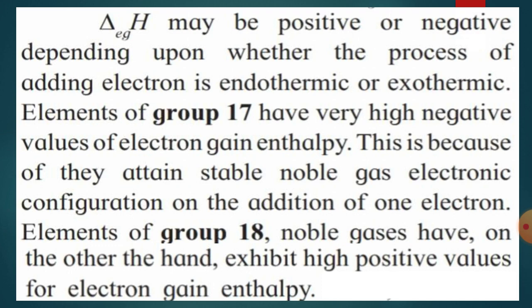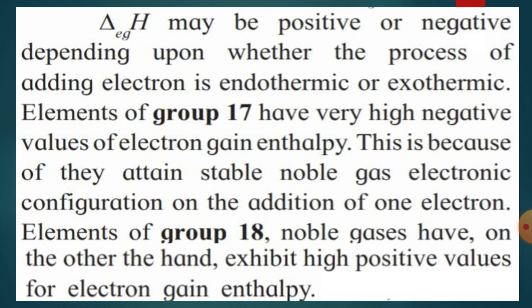Elements of group 17 have a very high negative value of electron gain enthalpy. Why? Because group 17 elements, that is, the halogen group elements, require only one electron to attain the state of stability of a noble gas. They attain a stable noble gas electronic configuration only on the addition of one electron.